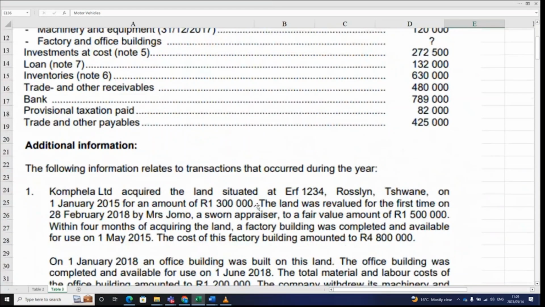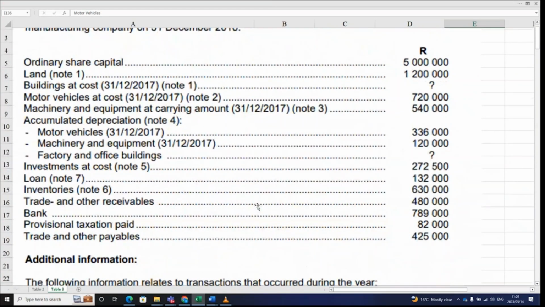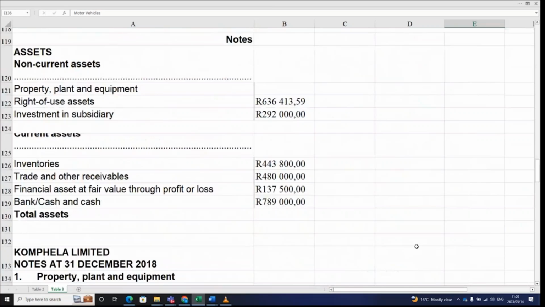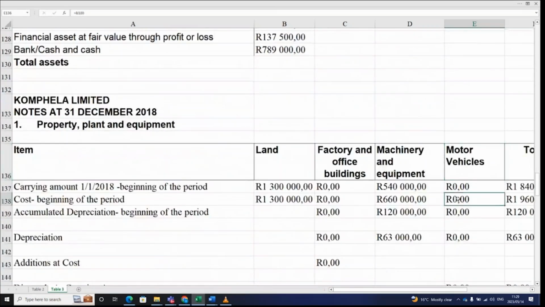So the motor vehicles, they say this is the cost, 720,000, and then motor vehicles cumulated depreciation is 336. Okay. Motor vehicles cost 720,000. Okay.